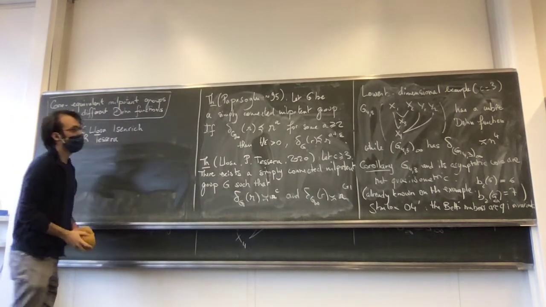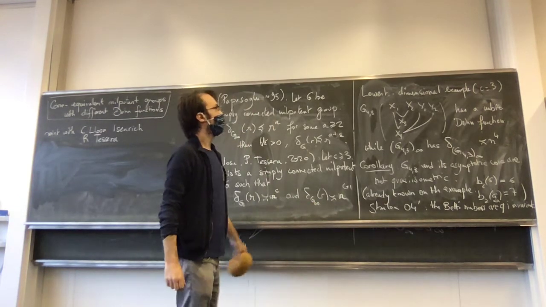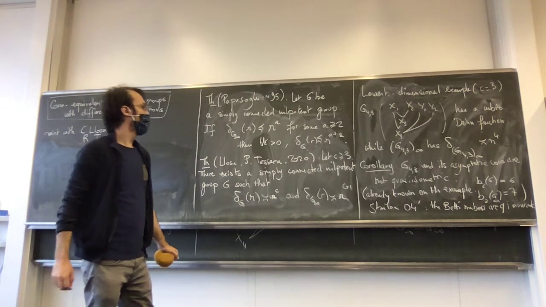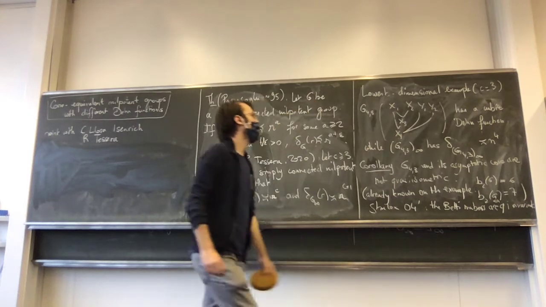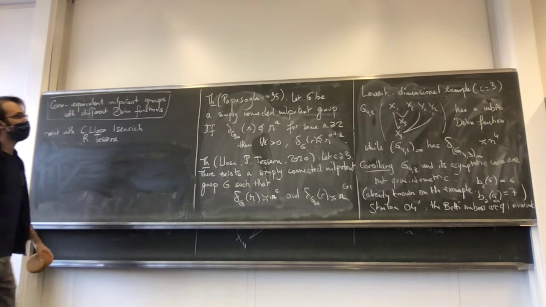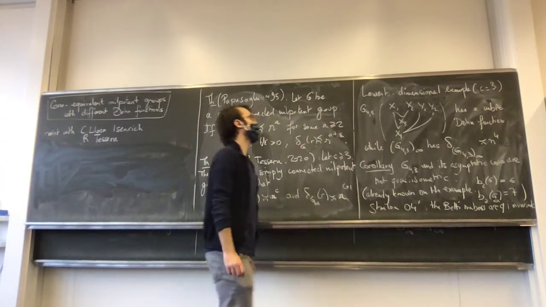He suspected that something like the theorem could hold because he computed a lower bound for the Dehn function of this group which was cubic, whereas it should have been quartic. So it was intriguing, and he believed the Dehn function should be lower than expected, and that's why we investigated this group.